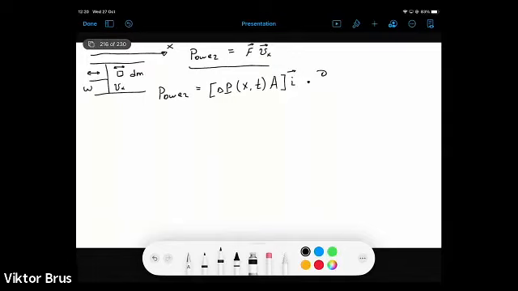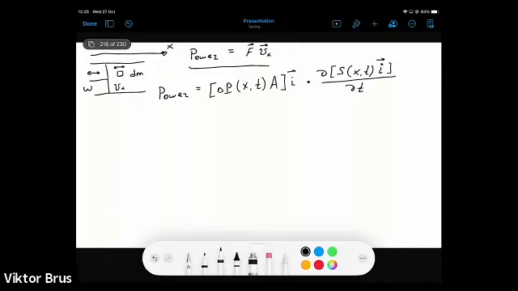So we have d, and here we have s as a function of x and time, times unit vector i to specify that this is a displacement vector, over dt. So that is the derivative of displacement over time at a fixed given position x, and that stands for the velocity vector.